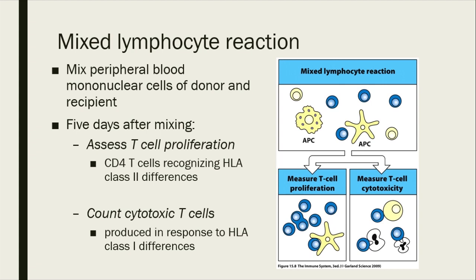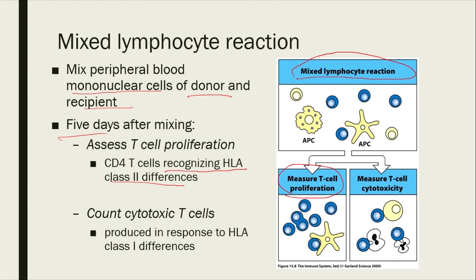Now you can also mix lymphocytes. You're basically mixing peripheral blood mononuclear cells of a donor and the recipient, mixing them together, and after a couple of days you see if there are any changes in proliferation, measuring T-cell proliferation. If the CD4 T cells recognize differences in HLA class 2, they will proliferate.